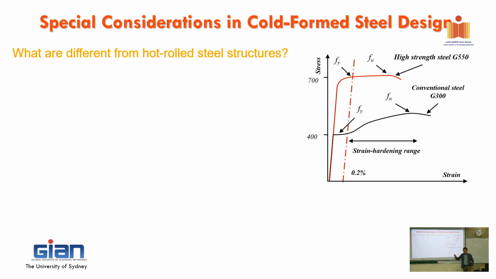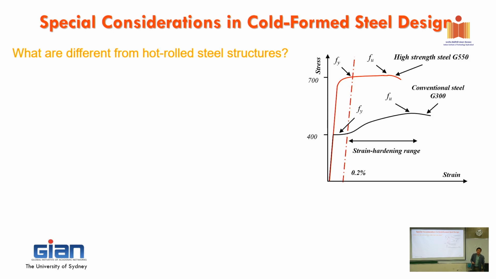So with the G550, FY and FU are probably the same, very close. And the ductility here is a lot less than the ductility of hot rolled steel. Normally here it is about 7%, and one can ask, what is the minimum requirement?